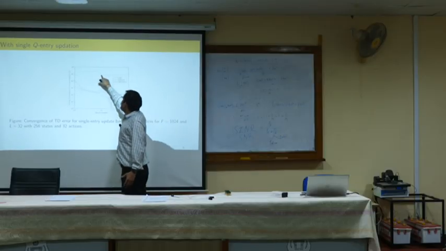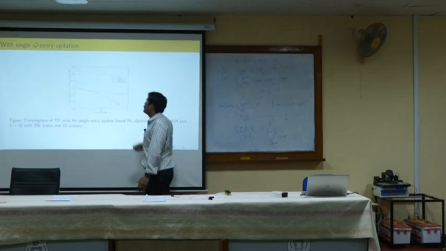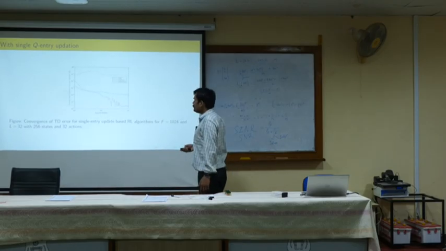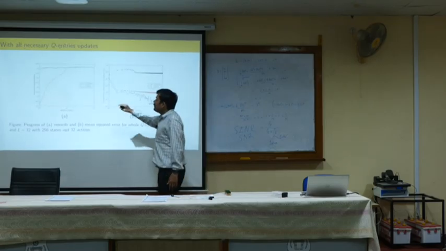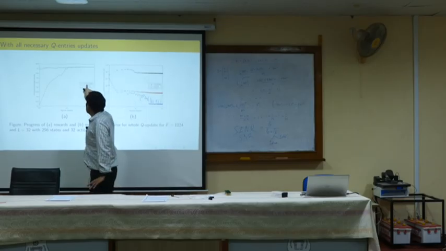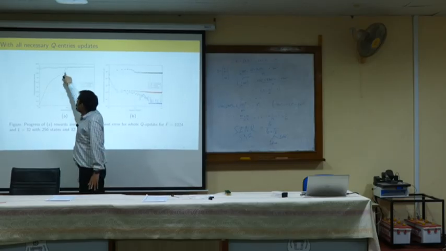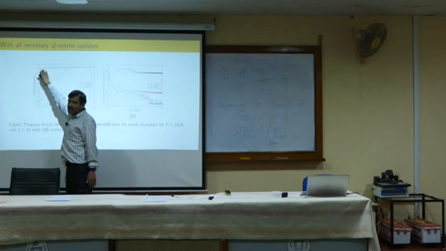And for the conventional learning, it is still high. It is around 0.1. These are the results when we update all Q entries one at a time. Normal Q learning is like this. But if we use the linear function approximation or non-linear function approximation, the Q entries are updated from the start. As soon as theta has some value, theta is updated.